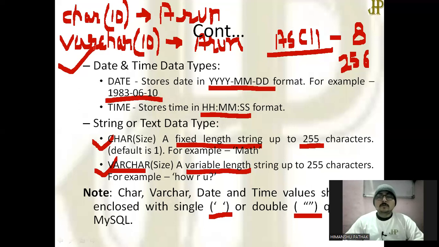Why? Because only one character will come every time. So this is the basic difference between char and varchar.